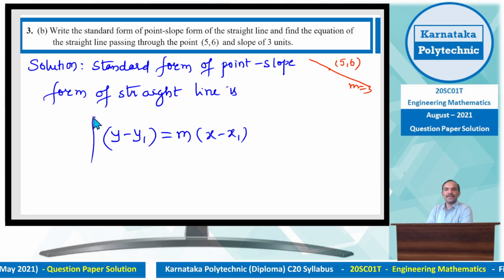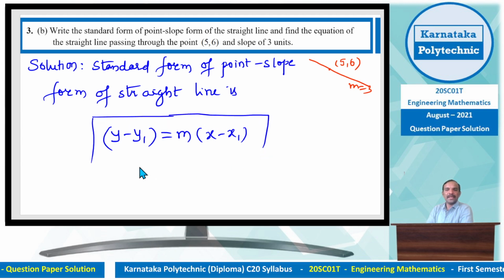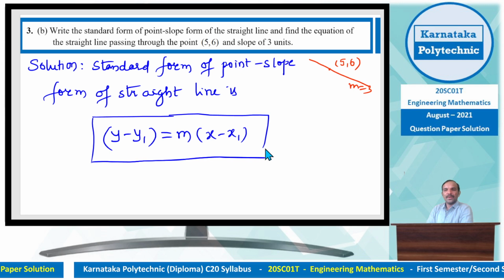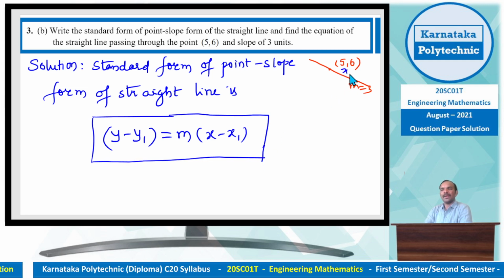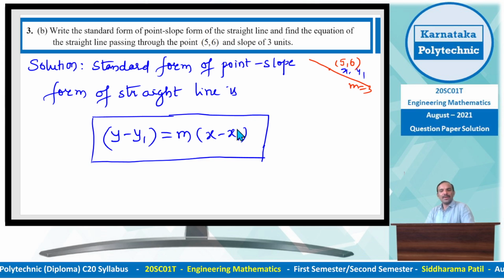It is the standard form. Here this point is x1, y1, and this is m. Substitute in this equation, and you will get the required equation of the straight line.